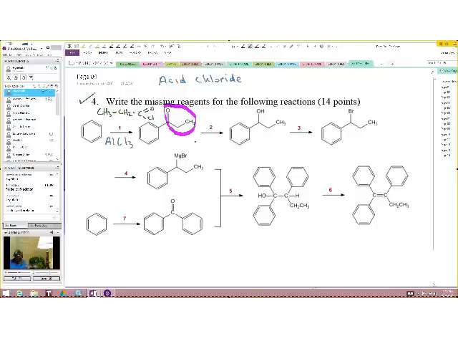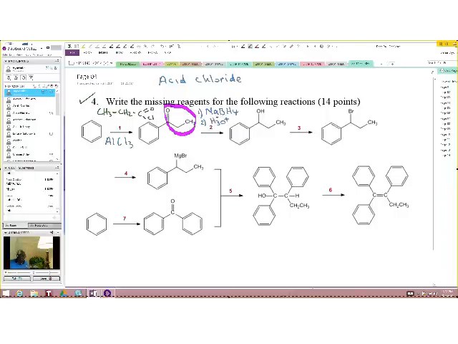Number 2. At this point we want to go from this ketone to an alcohol. I think all of you should know this. What reagent is this? Sodium borohydride. So you should know how to think about that. Sodium borohydride in step 1, and then step 2, hydronium ion.